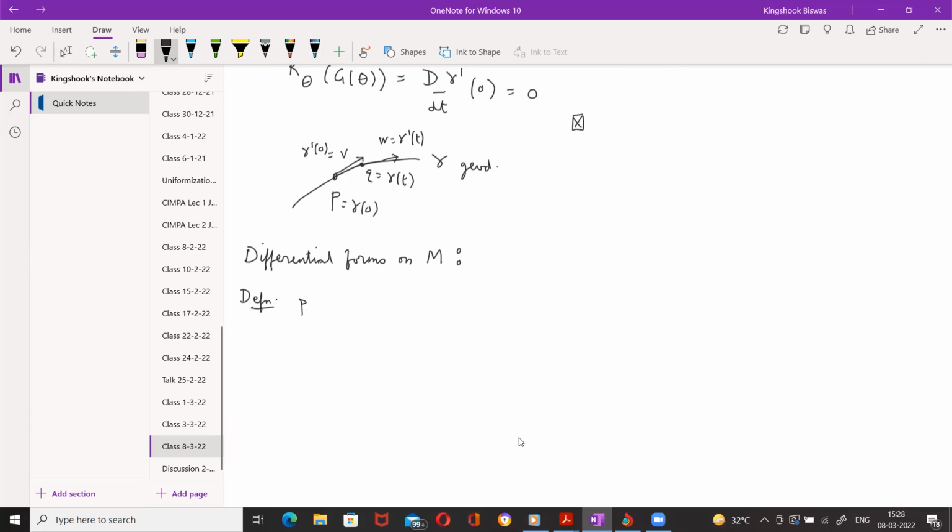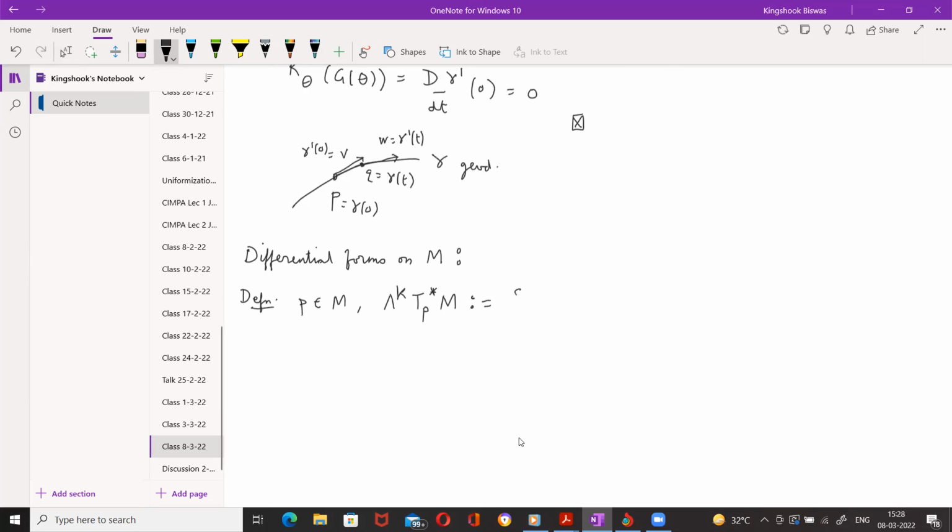P an element of M. Then the wedge^k T_P^* M is defined to be the kth exterior product of the cotangent space.